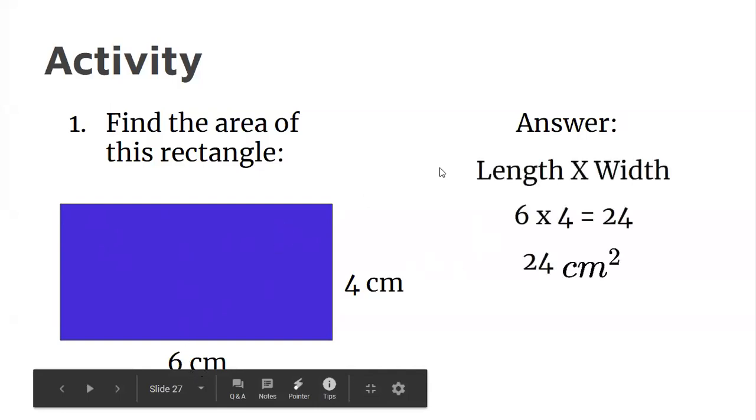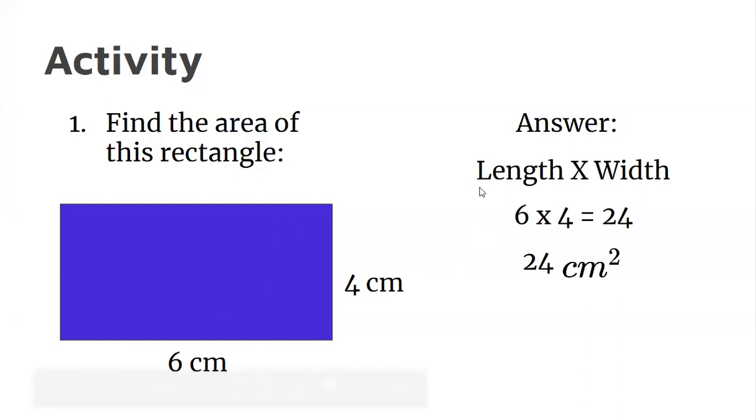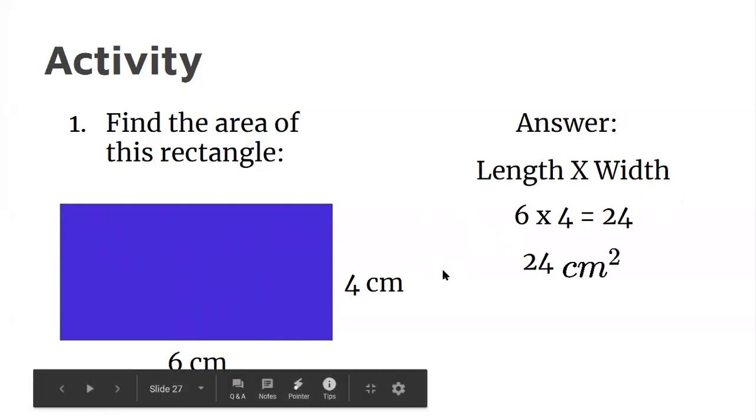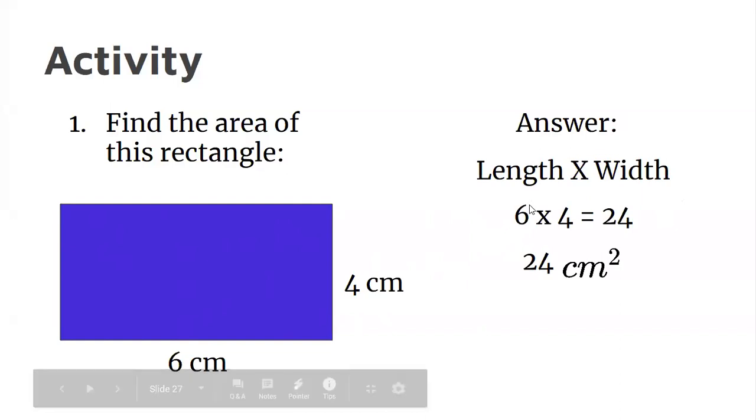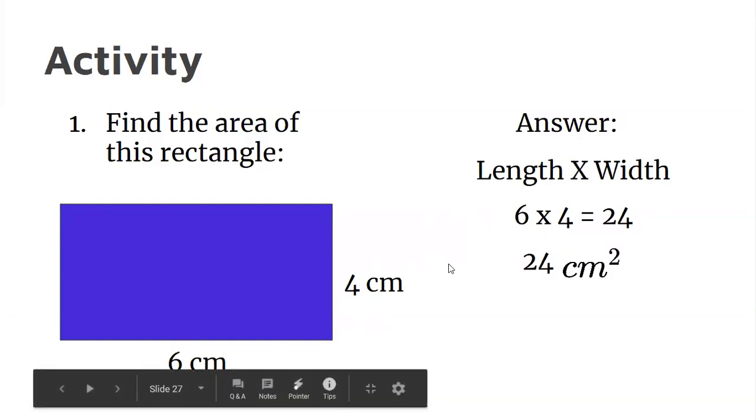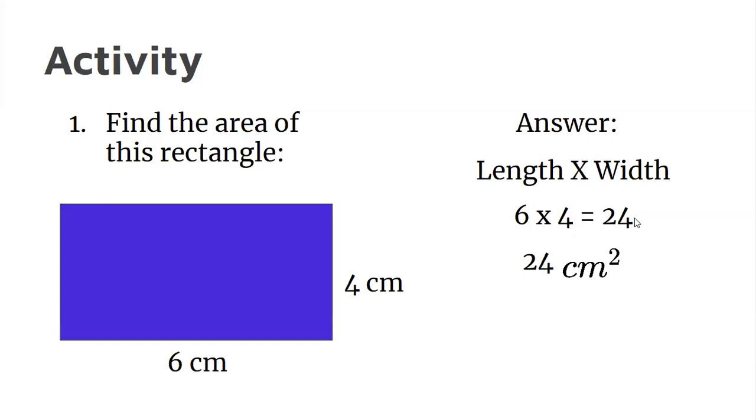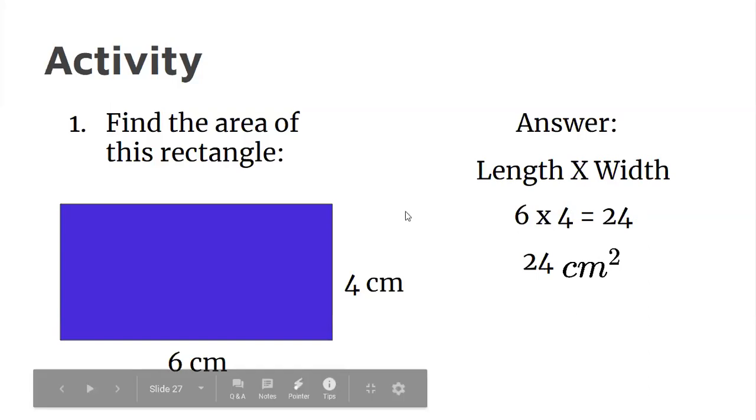I put length times width, and then I plug these numbers into the formula, aka substitute. 6 is the length, 4 is the width, so 6 times 4 equals 24. 24 centimeters squared.